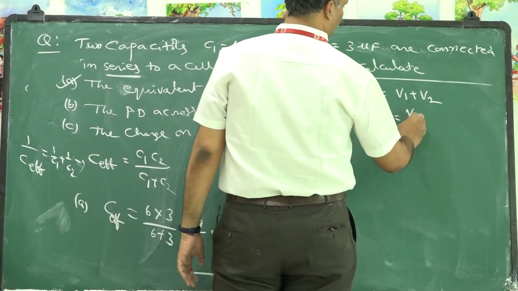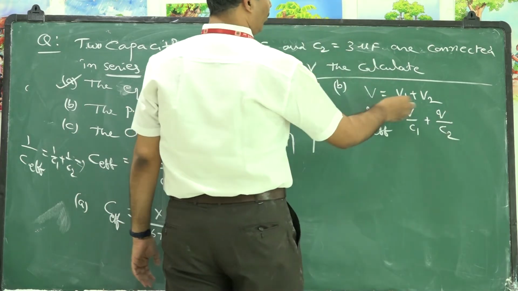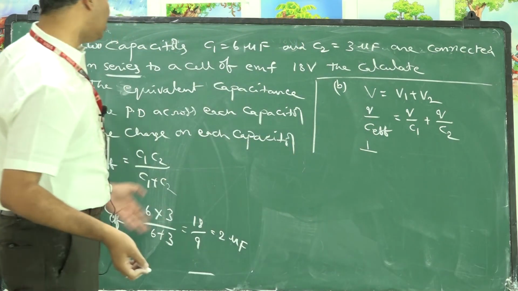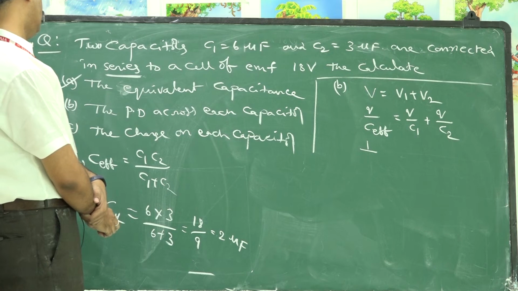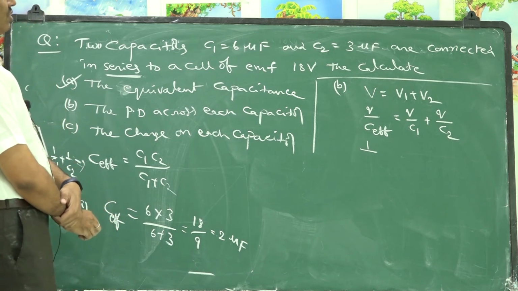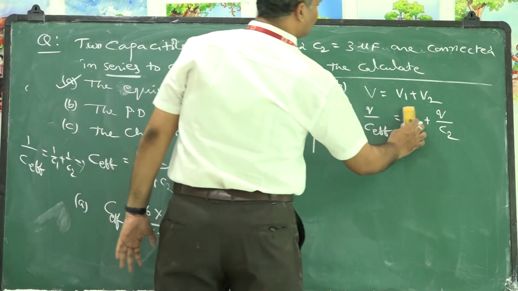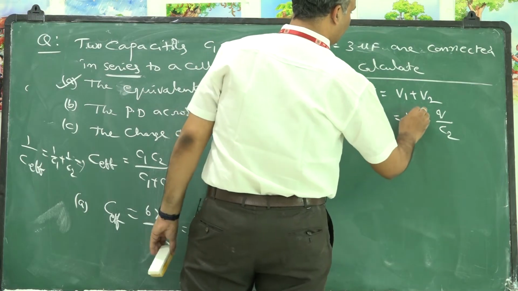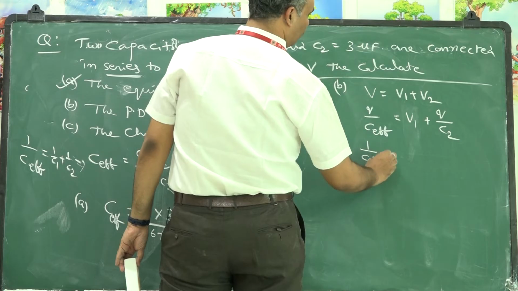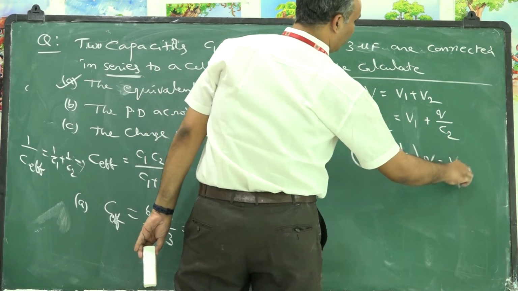V1 means Q by C1. V2 means Q by C2. So 1 by C effective is 1 by C1 plus 1 by C2. That is already known to us. What we are asked to find? Potential difference across each capacitor. So if I want V1, V1 will take it like this. So 1 by C effective minus 1 by C2 into Q is equal to V1.